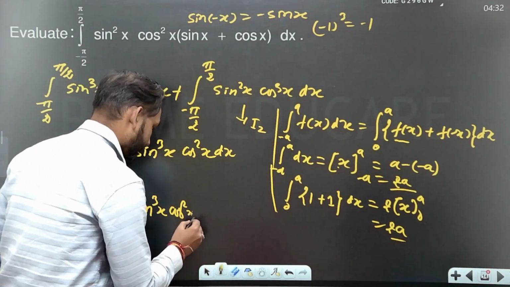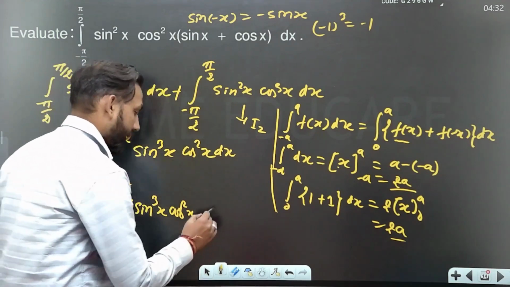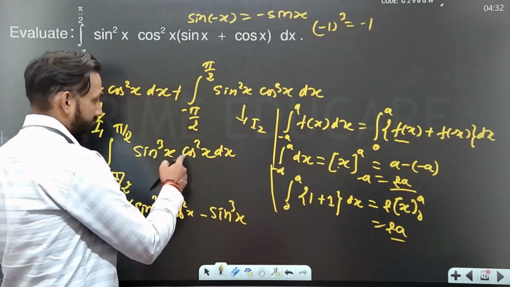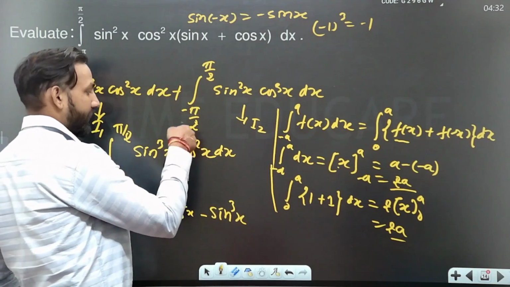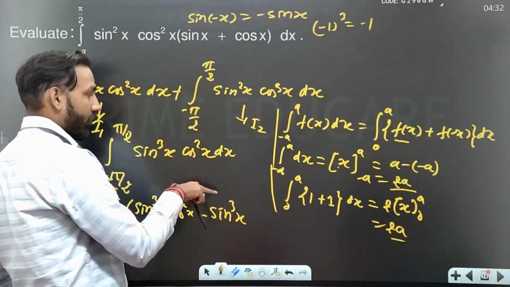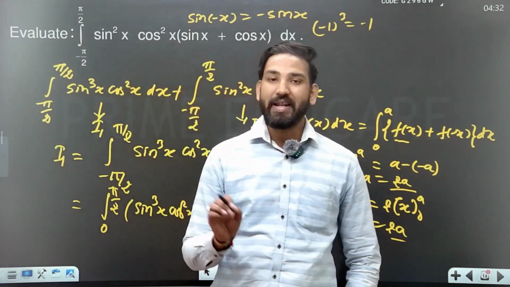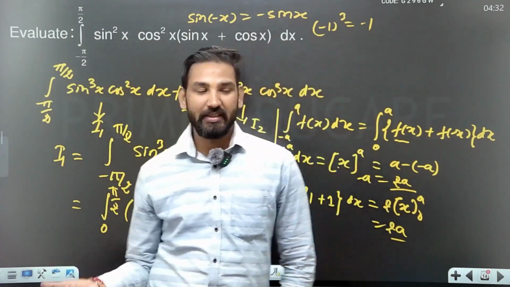This sign will be negative, okay, and sine cube x, and again we put x instead of minus x in the cos, then there is no change, right? Because cos minus x is same as cos x, right?